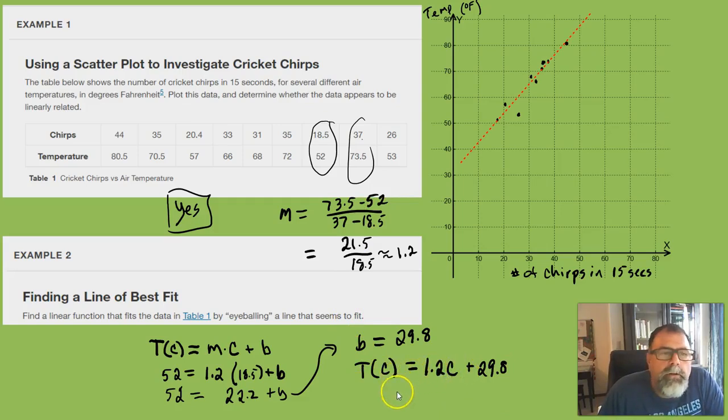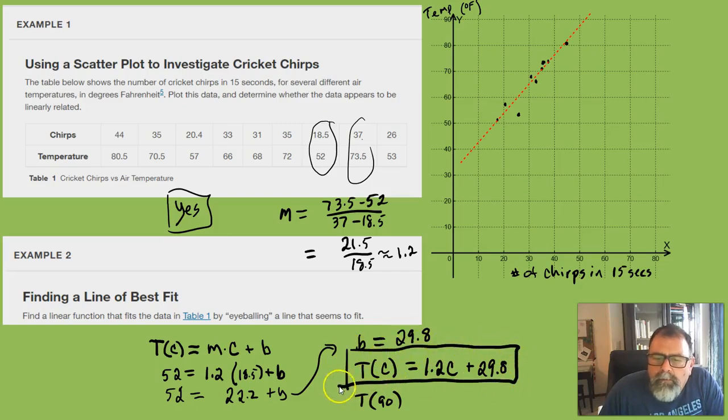So if the temperature is 90 degrees, 1.2 times 90. So if I said T of 90, okay, this is our answer here. T of 90 would be 1.2 times 90 plus 29.8.